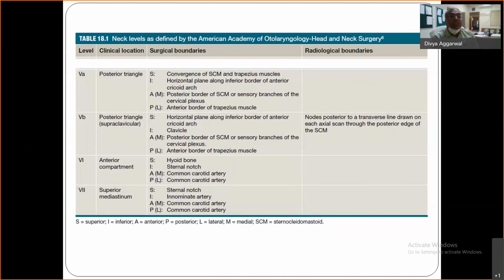Now, this is again divided into 5A and 5B, and the division is by the course of the sensory branches of the cervical plexus. Then comes level 6, which are the nodes from the hyoid bone to the sternal notch, between the common carotid arteries, medial and lateral. And the superior mediastinum, level 7, would naturally be in the superior mediastinum.